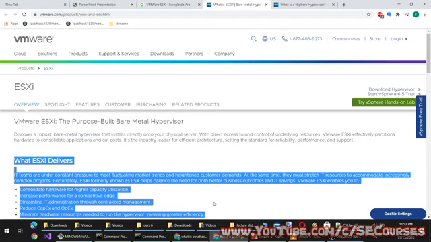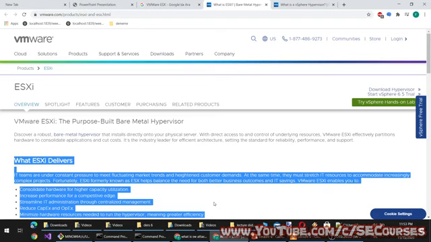What ESXi delivers: IT teams are under constant pressure to meet fluctuating market trends and heightened customer demands. At the same time, they must stretch IT resources to accommodate increasingly complex projects. Fortunately, ESXi, formerly known as ESX, helps balance the need for both better business outcomes and IT savings.